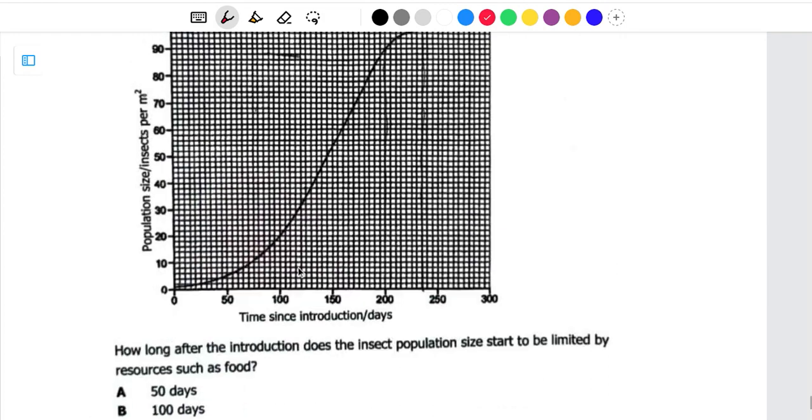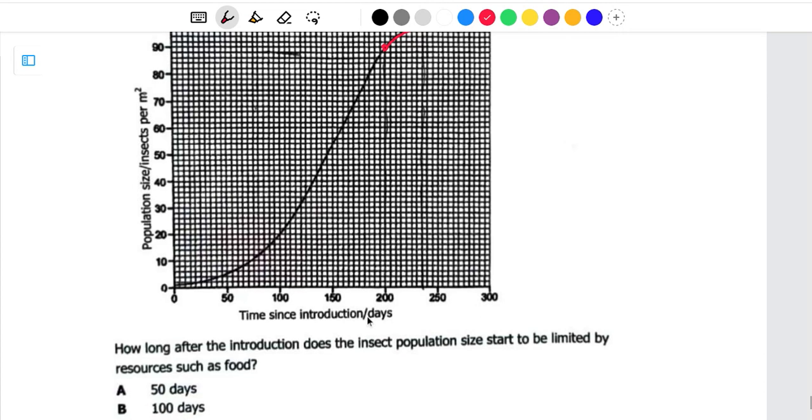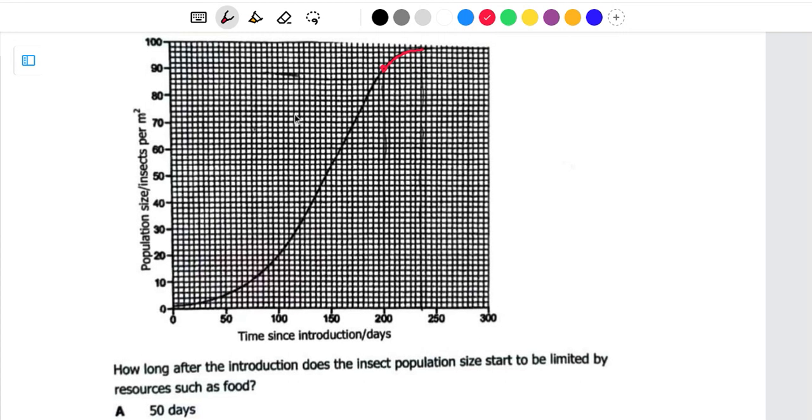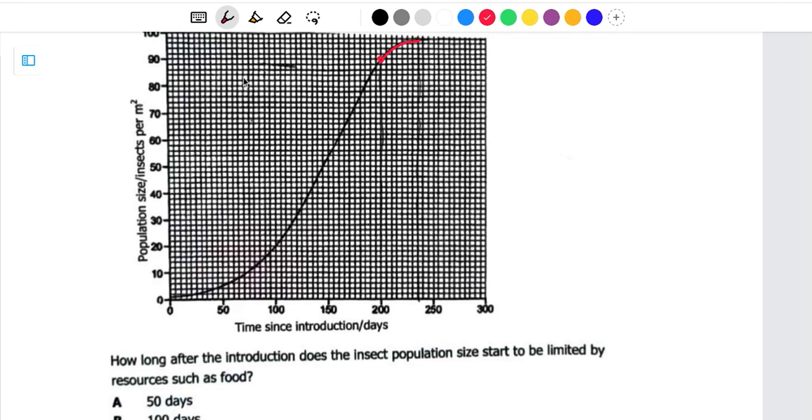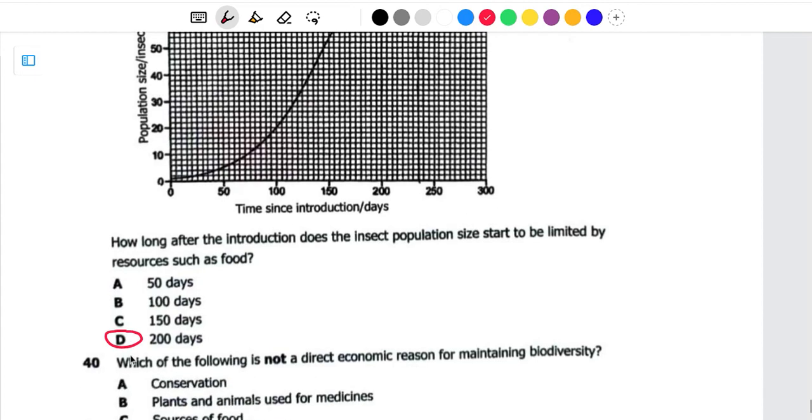So as you can see, the curve is just increasing up to this point here where it has started bending like this, isn't it? So meaning to say, at 200 days you find that there will be limitation of resources, and the population is going to be limited due to the limited resources such as food. So we have D, which is representing 200 days.